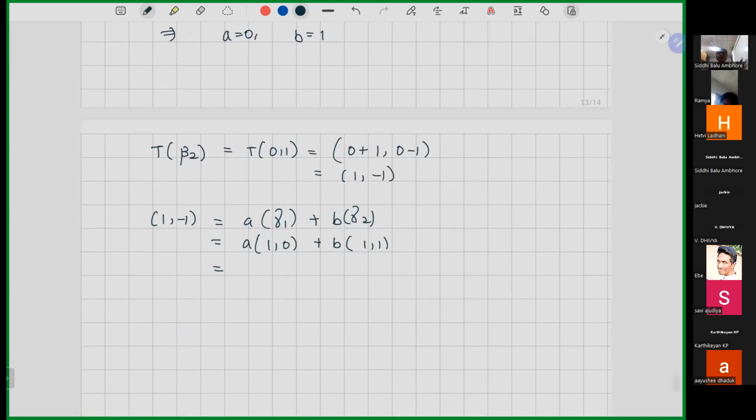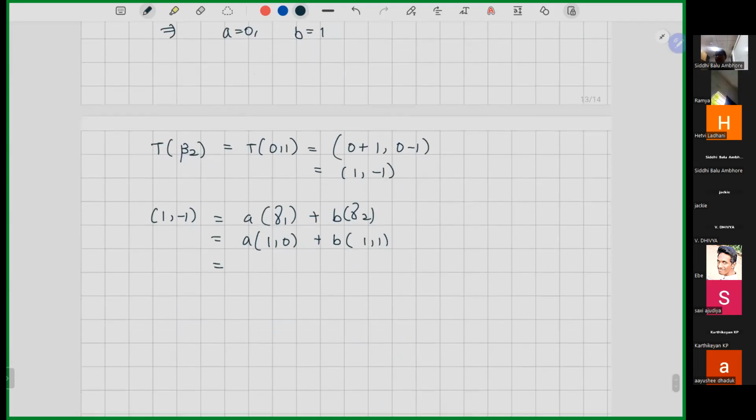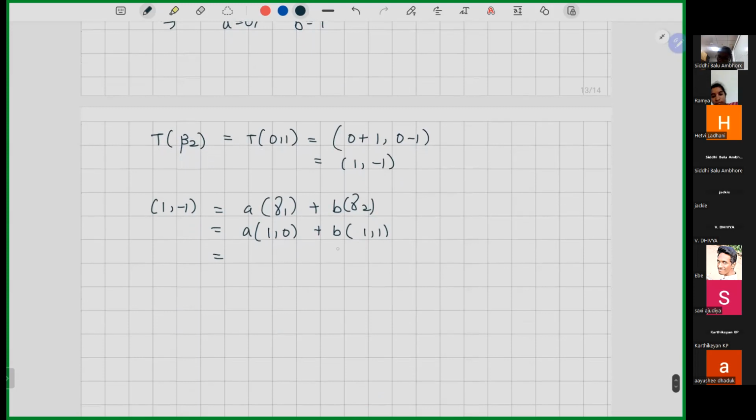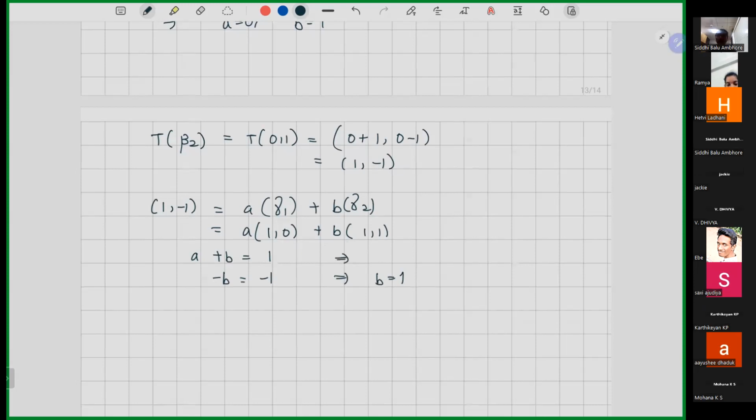And if you do all this linear combination, you will end up getting: a plus b is equal to 1, and the second one is b is equal to minus 1.